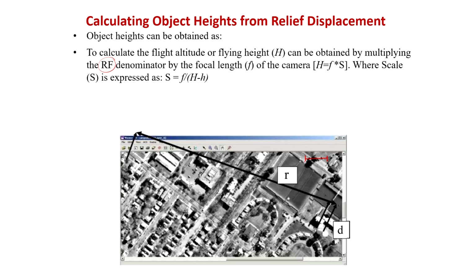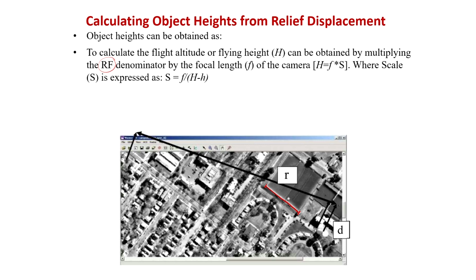So if you have this distance, for example, from this point to this point, then you can have the ratio. For example, this is 10 meters on the actual ground, but what is the distance you are able to see? That will give you the RF.